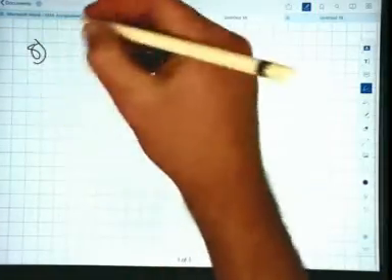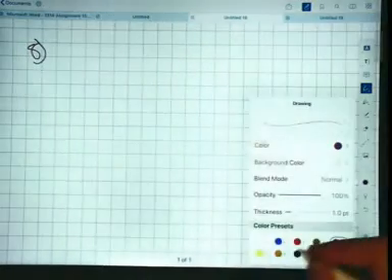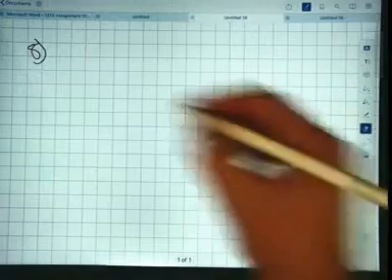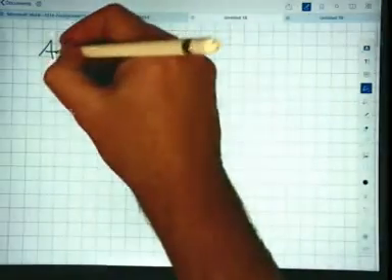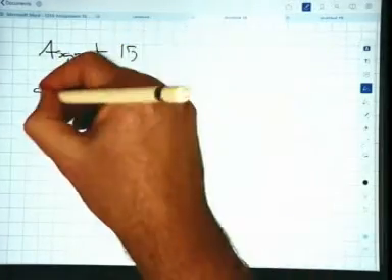Problem number 8. This is assignment 15, problem number 8.